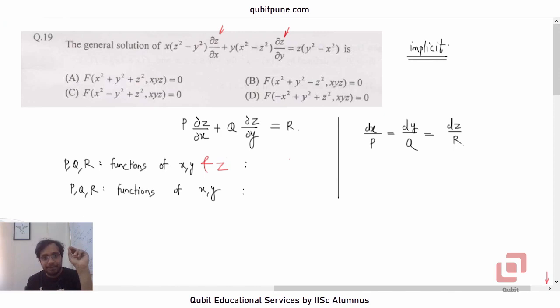Now if p, q and r are functions of x, y and z, then we call it a quasi-linear partial differential equation. And if p, q, r are functions of only x and y and not z, the dependent variable, then we call it linear.